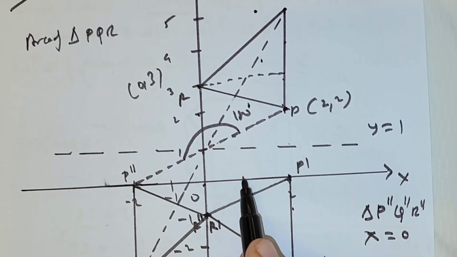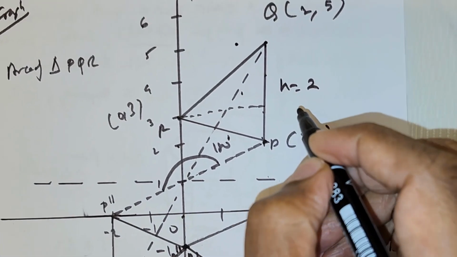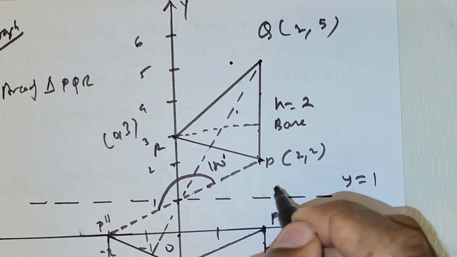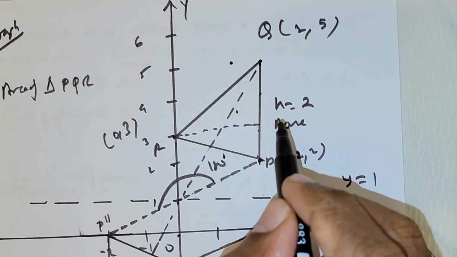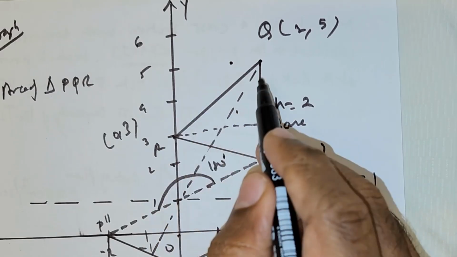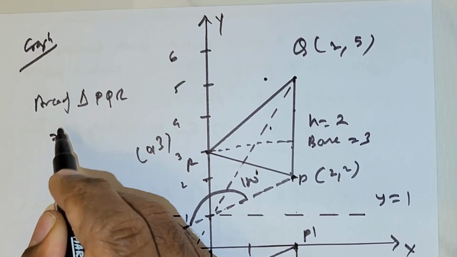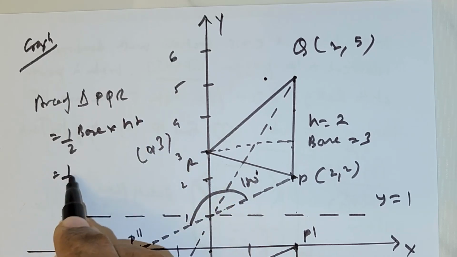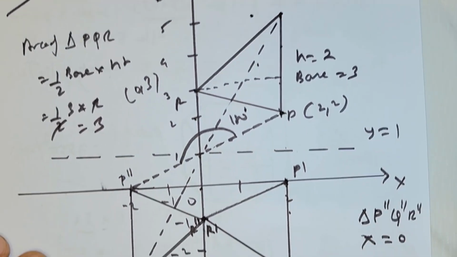You see 1 and 2. So h = 2 units, and the base, we need to get the base from 2 to 5, so base is 3 units. So area of this triangle is half times base into height. The base is 3 units, height is 2 units, therefore area is 3 square units.